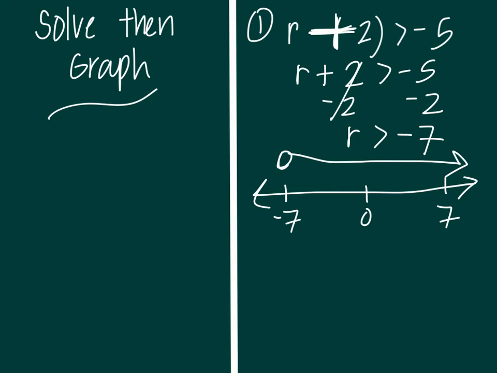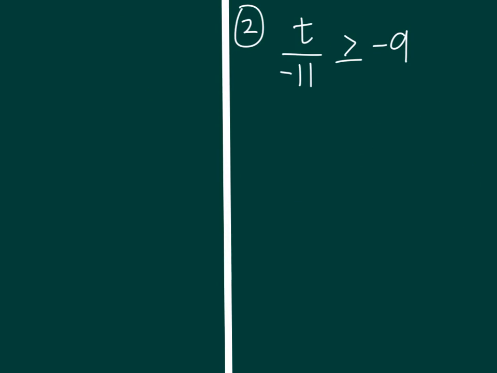Let's try another one. Alright, number 2. t divided by -11 is greater than -9. To cancel out division, we multiply. I want to get t by itself, so I'm going to multiply by -11 to cancel this out. Whatever you do to one side, you have to do to the other. Because I multiplied by a negative number on both sides, flip the sign.